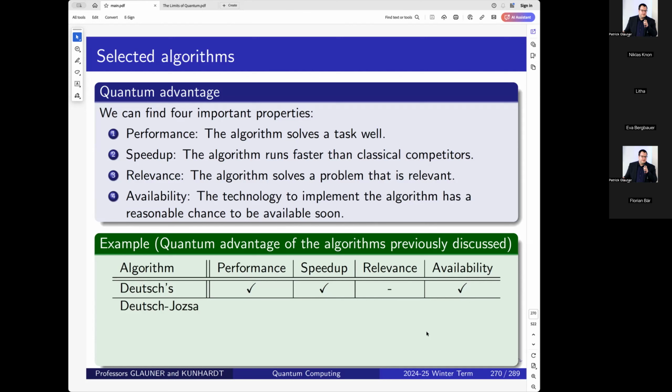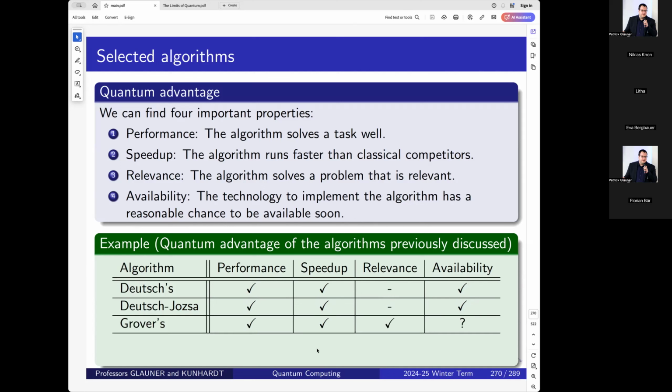The Deutsch-Jozsa algorithm is the one where we have n many zeros and ones in the input, and we want to know if it's constant or balanced. The Deutsch-Jozsa algorithm solves this task well. It comes even with a massive speedup, but is probably not relevant for the real world, and for small n's could be done on a small quantum computer in the future. And the larger n, the larger the quantum computer you would need. But both of them are not really relevant.